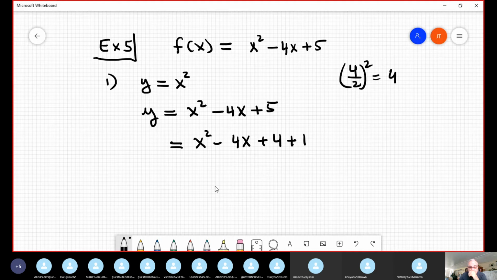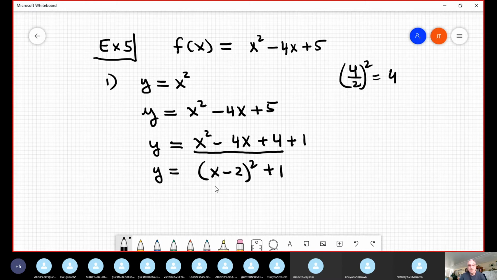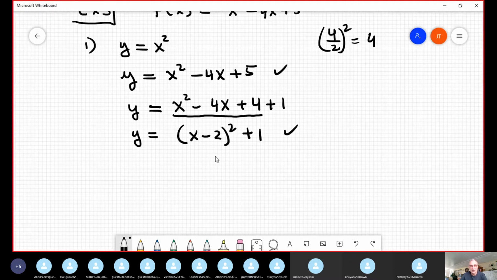That is the reason I split 5 using 4 and 1. Because I know very well that that part is a perfect square trinomial and the factorization is (x minus 2) squared plus 1. Wow! This expression is equivalent to the original. It's exactly the same, but I modified it algebraically. Now it's clear to see the transformation.